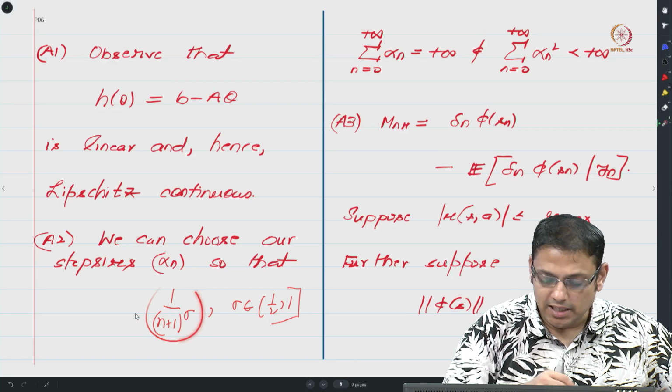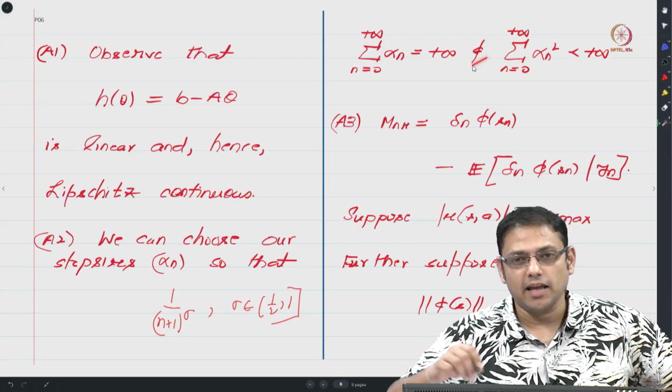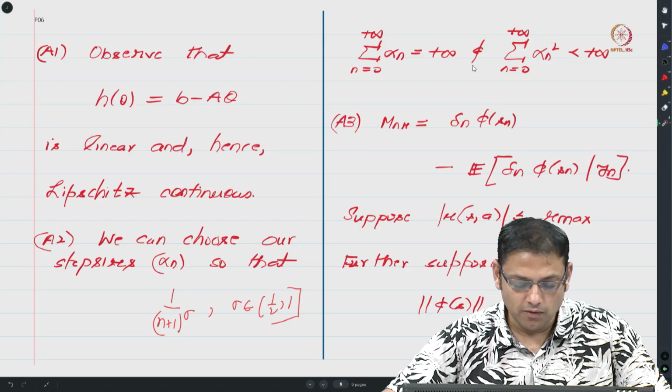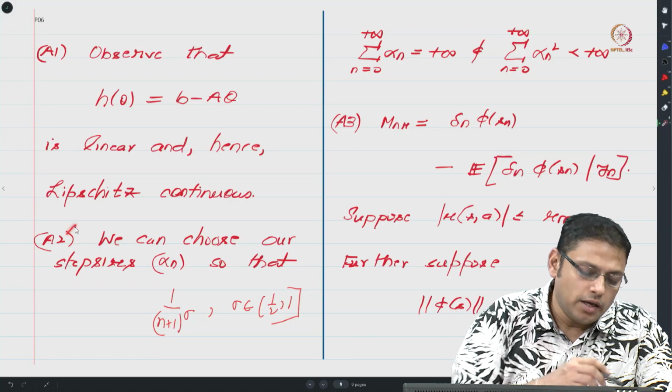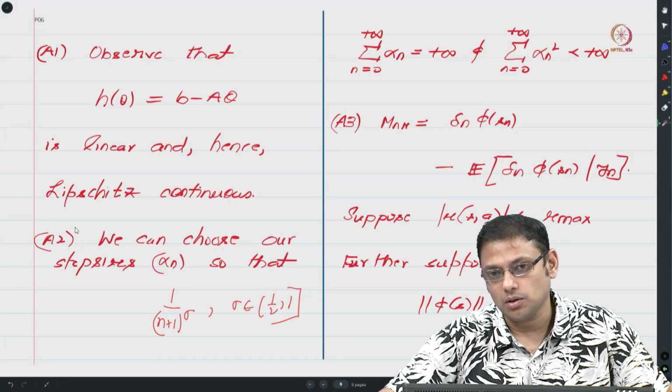If you pick a step size like this, these conditions can be ensured, and because of that reason your assumption A2 can also be trivially ensured.